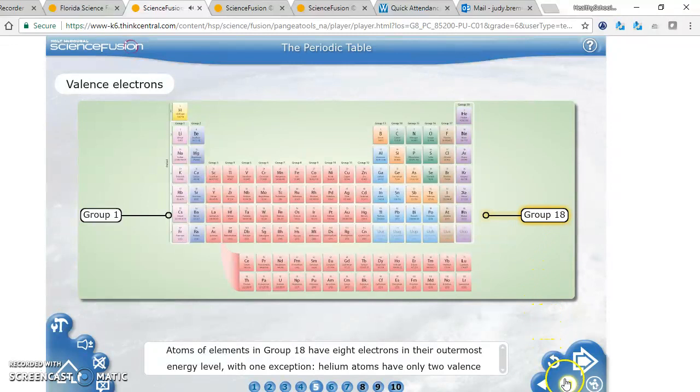Atoms of elements in group 18 have 8 electrons in their outermost energy level, with one exception. Helium only has 2 valence electrons. These atoms have a full outermost energy level, so these elements are extremely stable and mostly non-reactive or inert. Group 18 are called noble gases because they very rarely react with other elements.